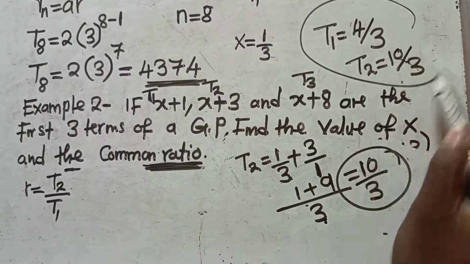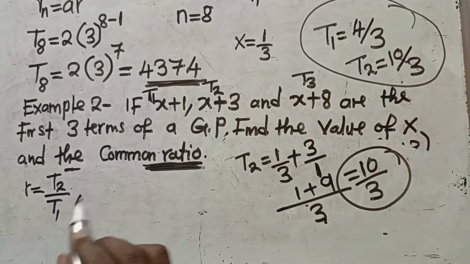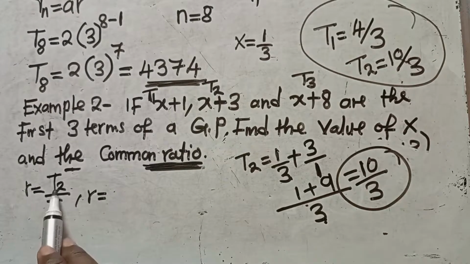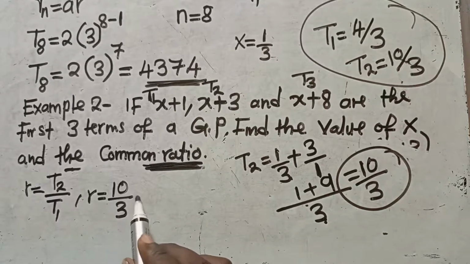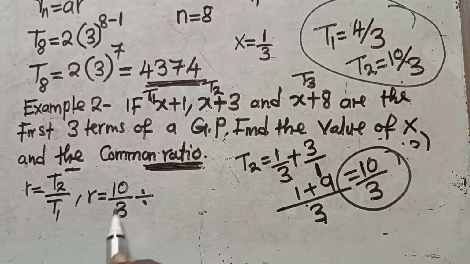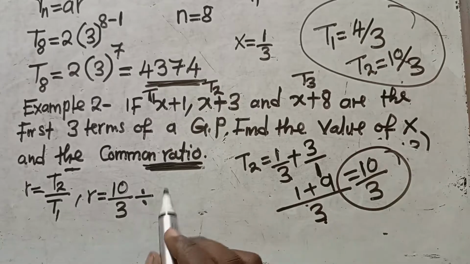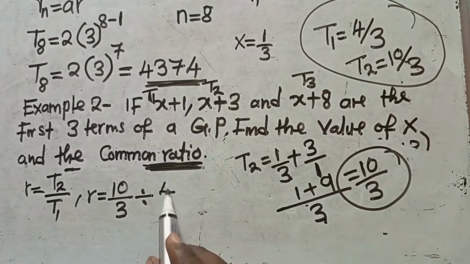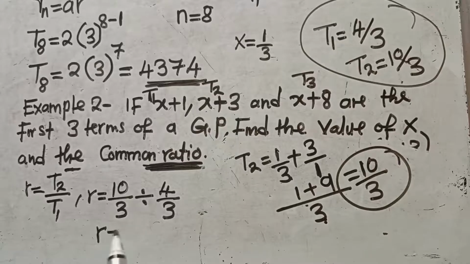This is the information that I'm going to substitute, where I'm going to say common ratio is equal to the second term, 10 over 3, divided by the first term, since this is a ratio. The first term is 4 over 3. Then you evaluate this. Common ratio is equal to 10 over 3.